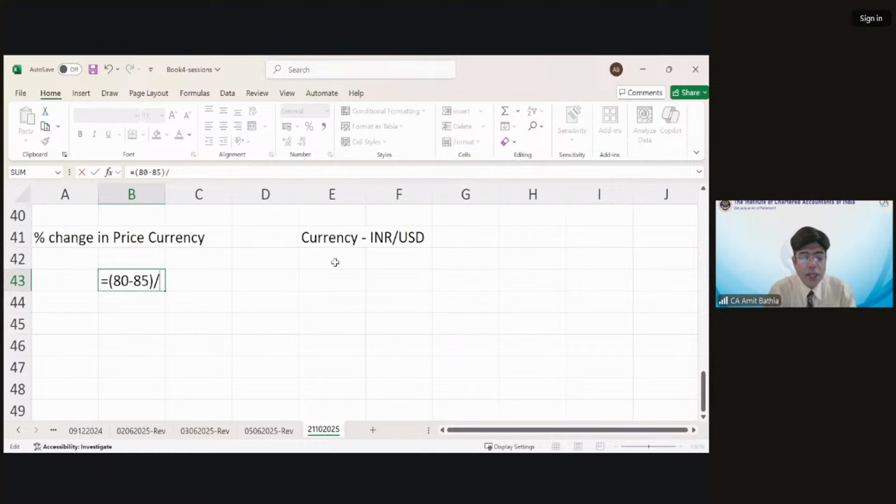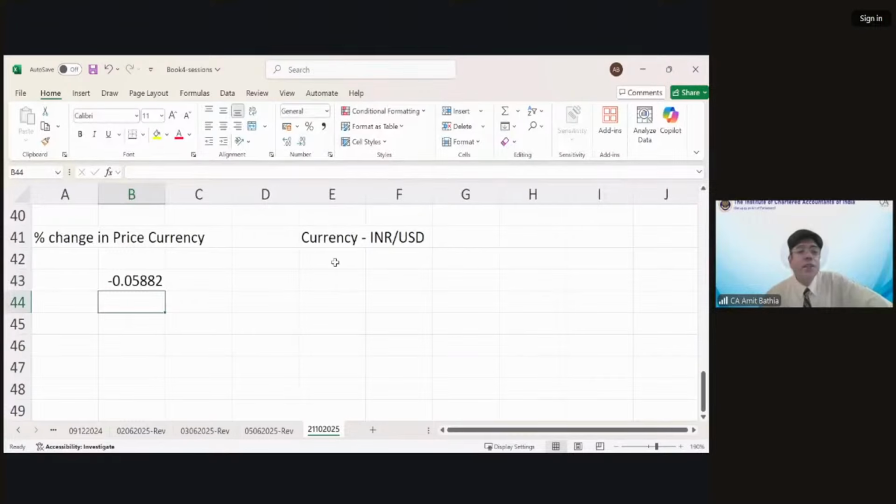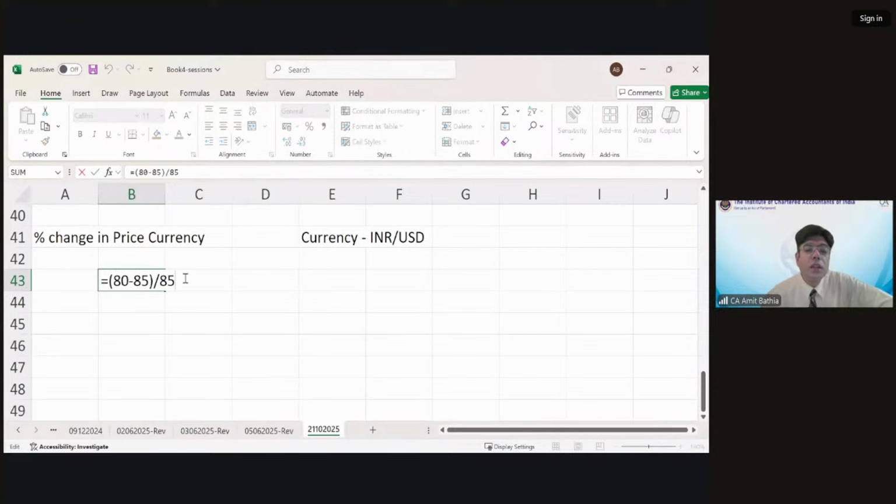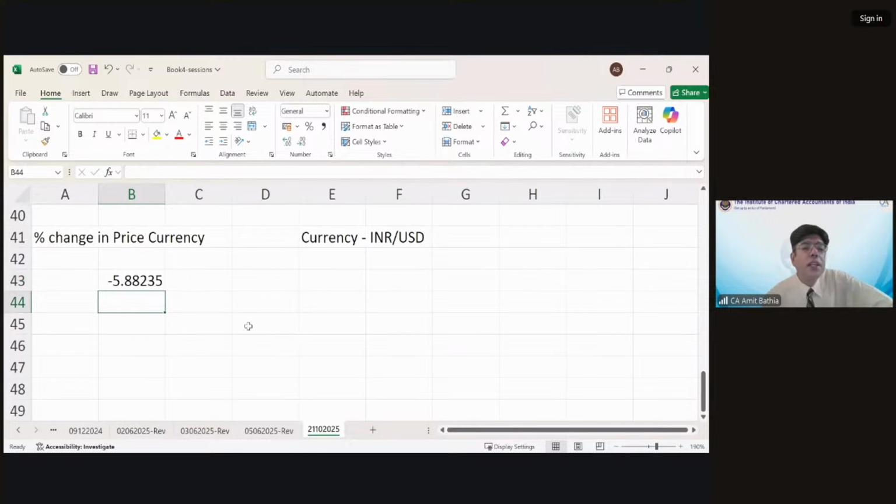I'm going to calculate the depreciation for the pricing currency by dividing by 85. I can multiply this by 100 to get percentage terms. So it's a negative 5.88235 percent.